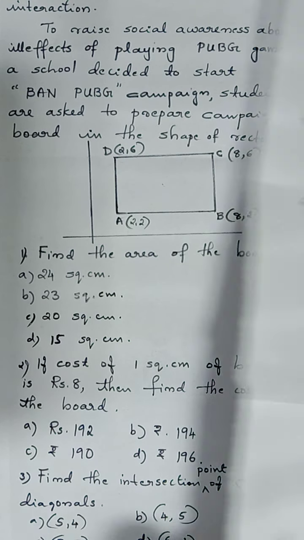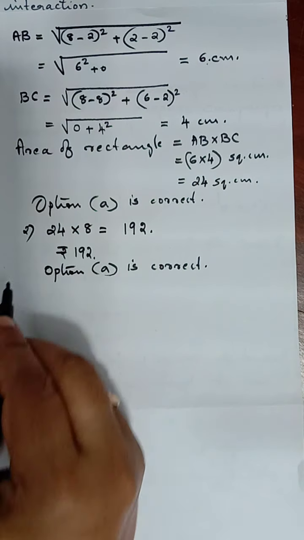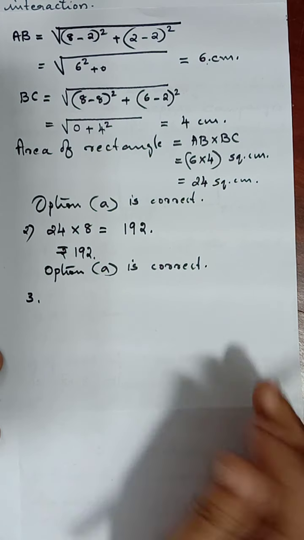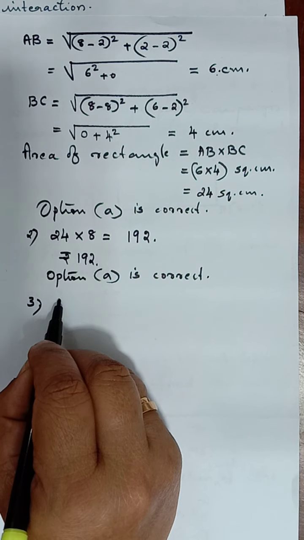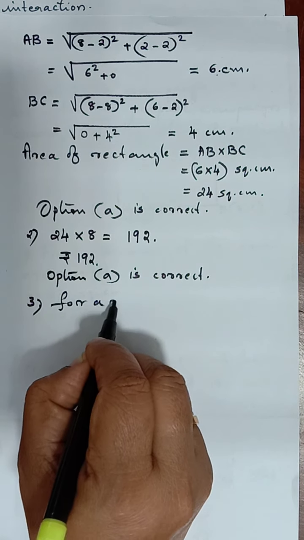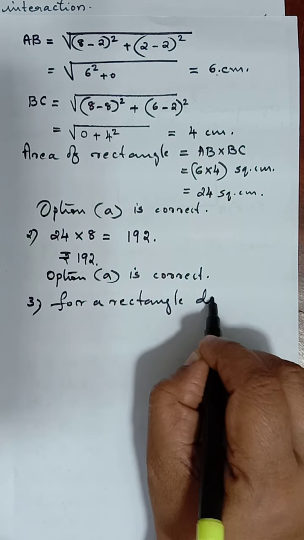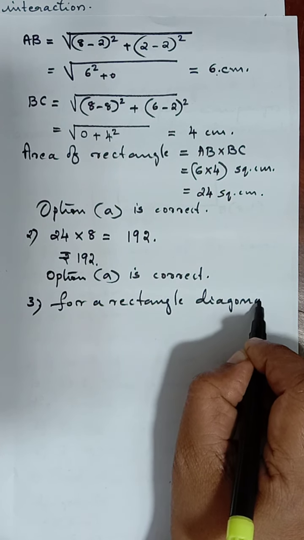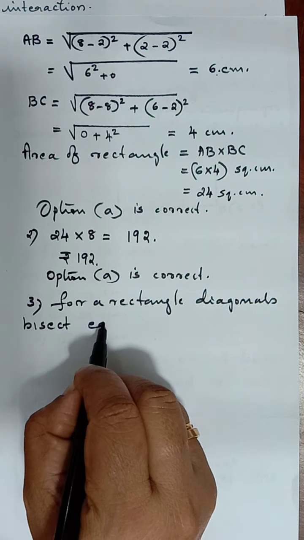So let us write the point. Question number 3. So all the points we will note down now. That is, for a rectangle, diagonals bisect each other.